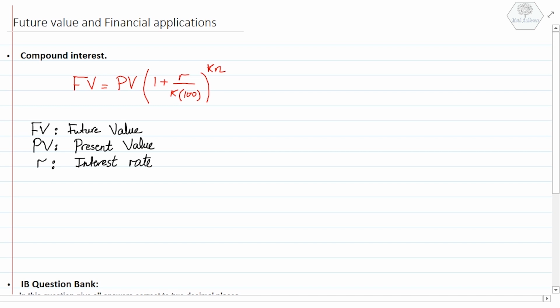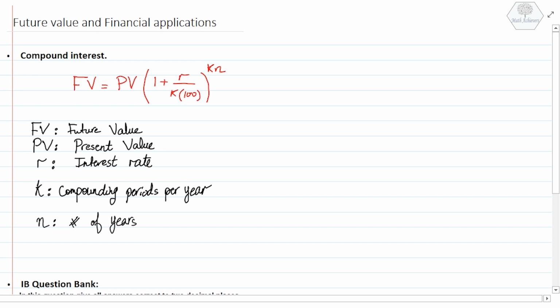And K is the compounding periods per year. And the last thing is N, which is simply the number of years.